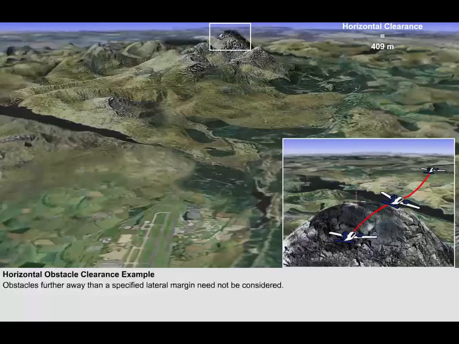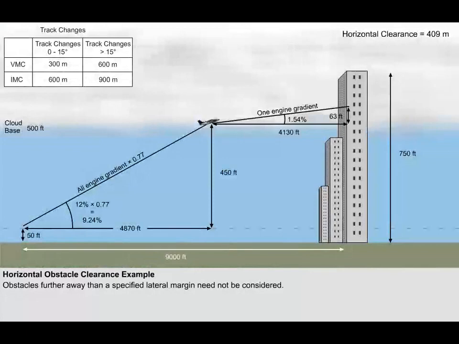Although the horizontal obstacle clearance formula tells us that the obstacle must be cleared by 409 meters, whether or not we use this figure depends on the margins and conditions shown by the table. Using our earlier example, the aeroplane is in the cloud, and therefore the pilot is unable to navigate visually.